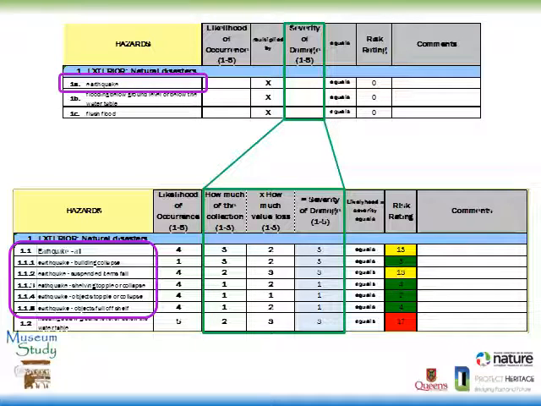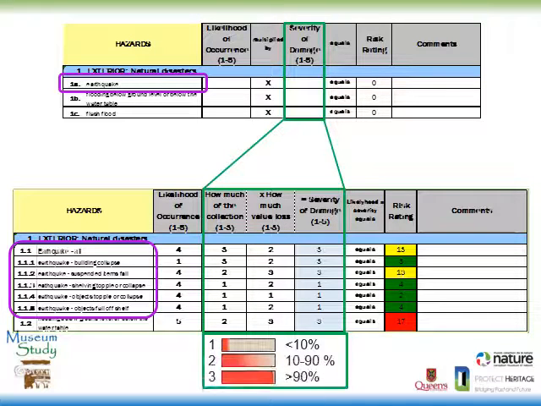Because we find that when we want to quantitatively evaluate a risk, those 2 components, how much of the collection do we expect to be affected, is one significant part, and then how much of the value of that fraction we expect to be lost is another significant part. And we can look at a few examples of this.